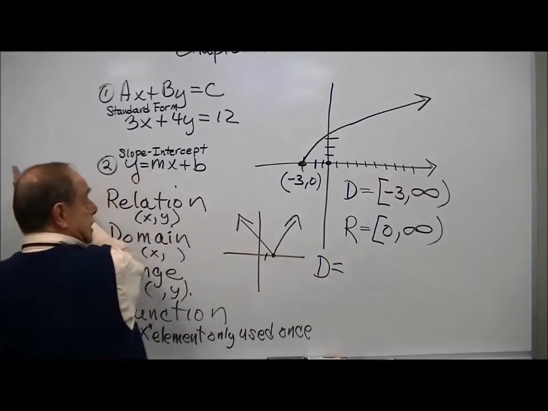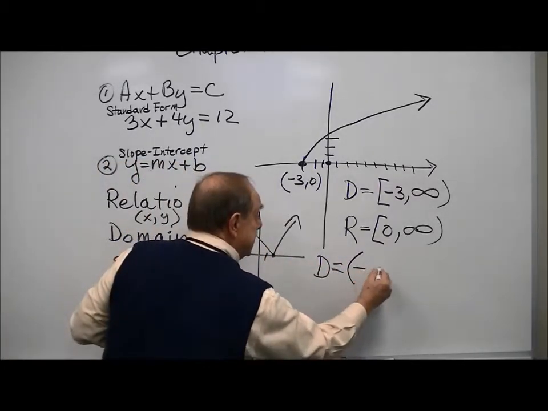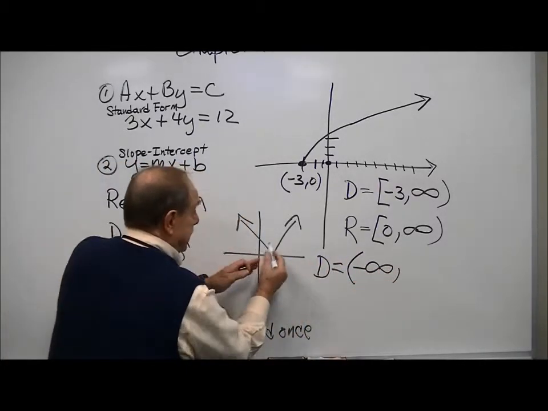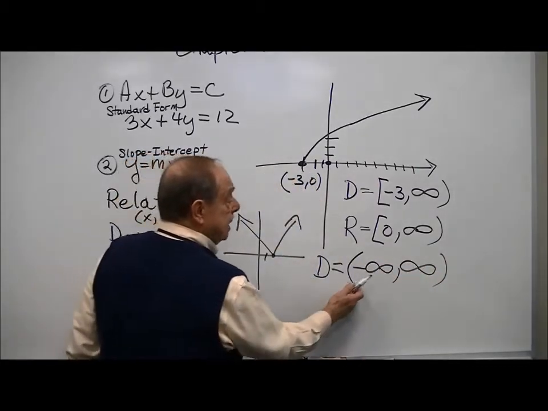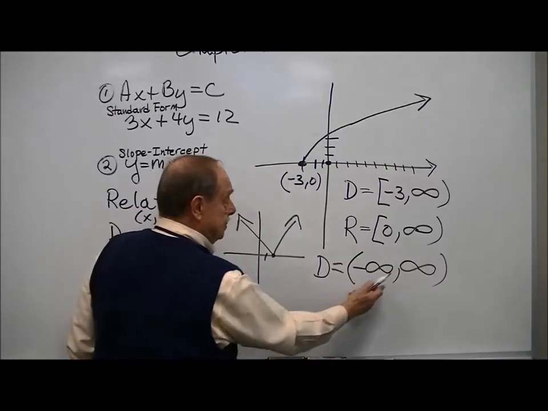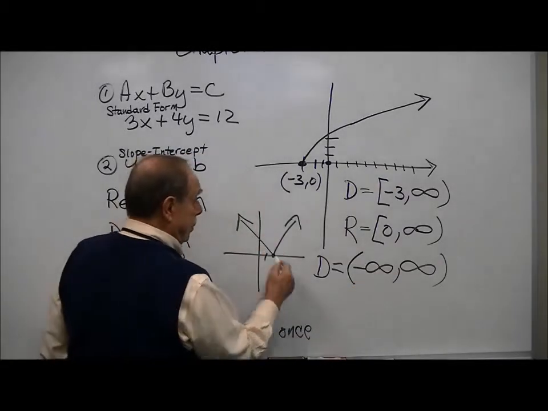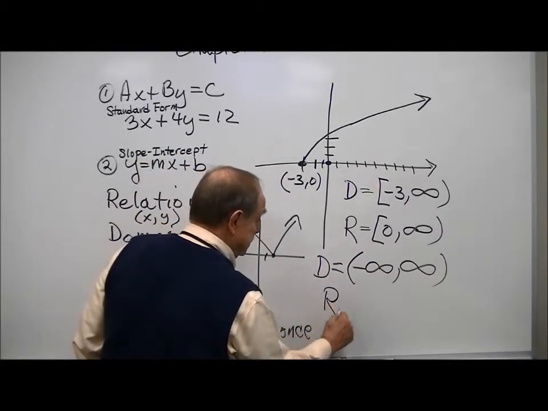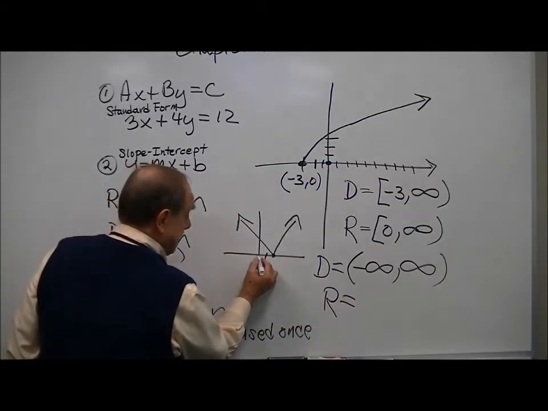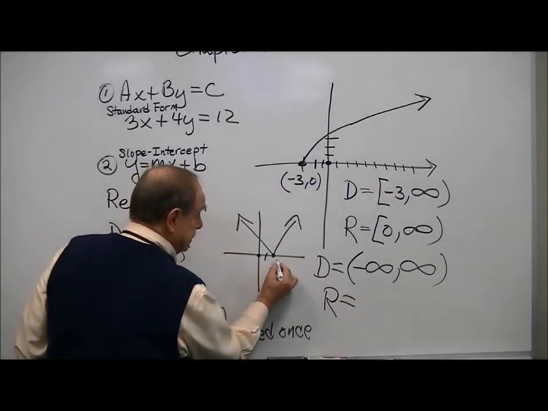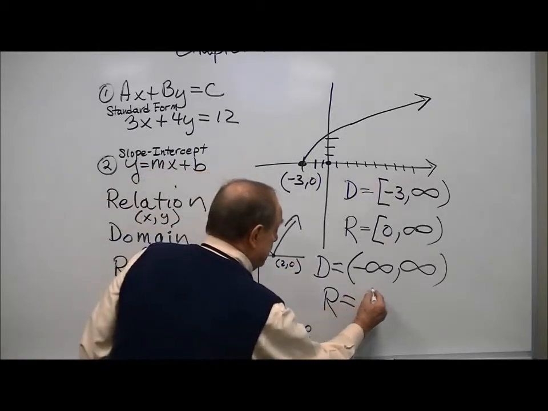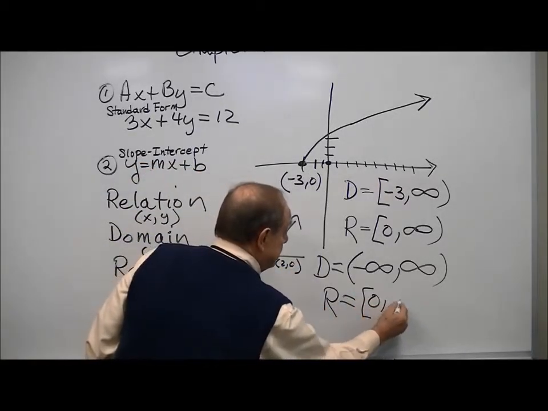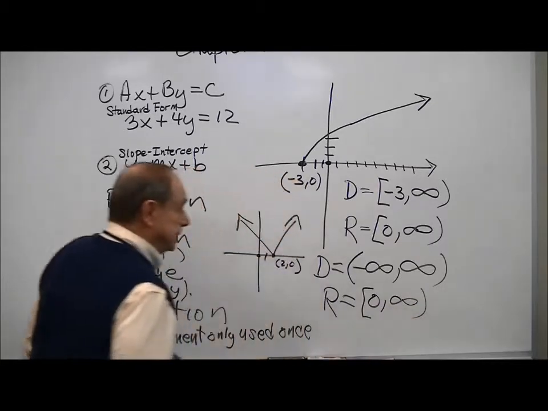And this is going to start at negative infinity and go to positive infinity, keeping in mind that we write infinities with a parenthesis. Well, our range will start here again at 0, because this ordered pair is (2, 0). So, bracket 0, positive infinity.